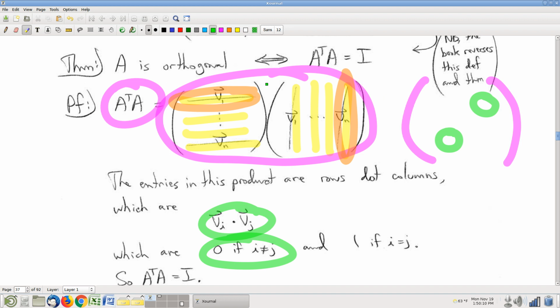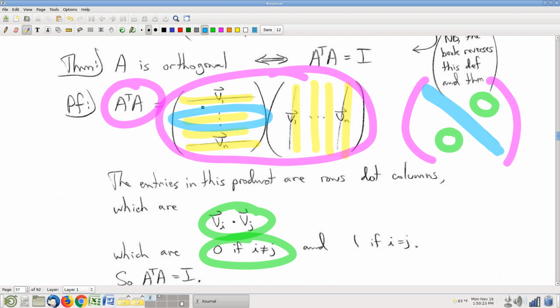Now, what about if you're on the diagonal? Right, what do you get here on the diagonal? Well, on the diagonal, we're looking at, again, row dot column. But now, being on the diagonal, whatever row we're in, we're also in the same column number. So whichever row vector we pick out there, we pick out the corresponding column vector over here.